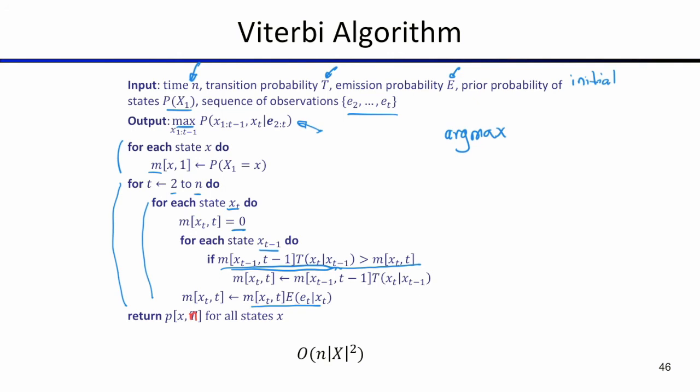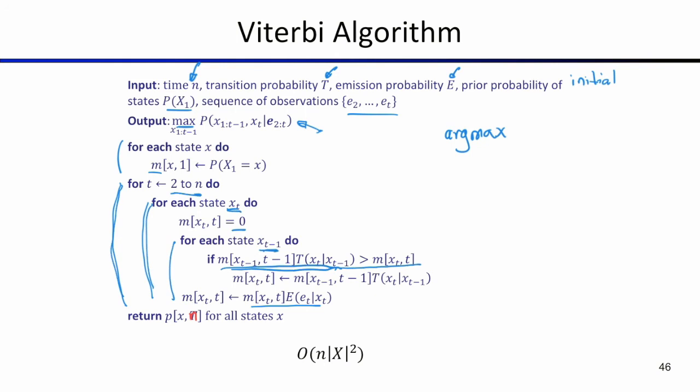Again, the complexity of the Viterbi algorithm is the same as we had for the forward and the mini forward algorithm, and is going to be dictated by these 3 for loops that we have here, here, and here. One operates over n, the other for the number of states, and another for the number of states.